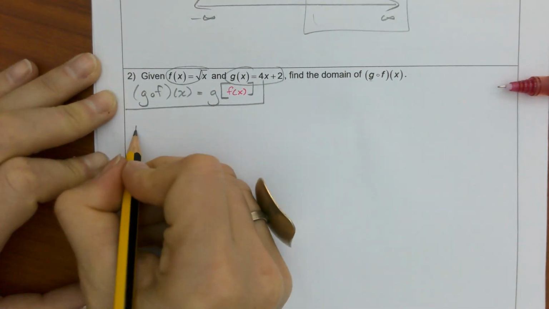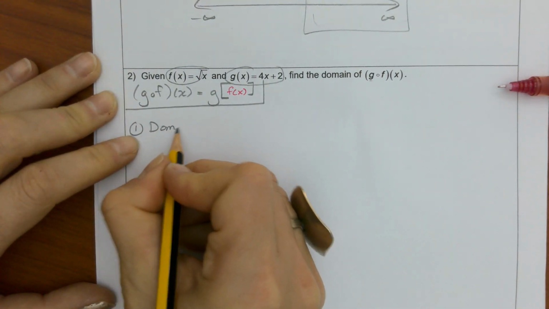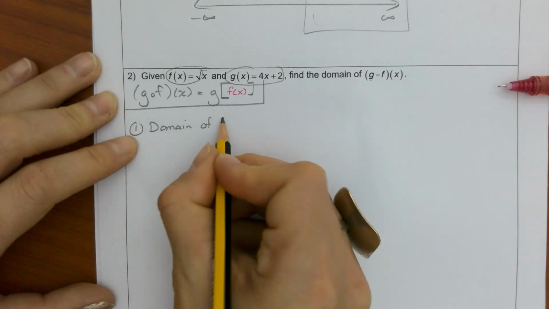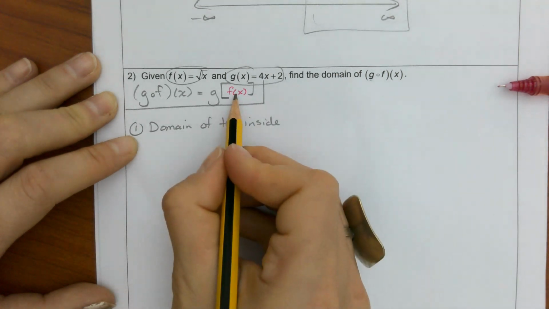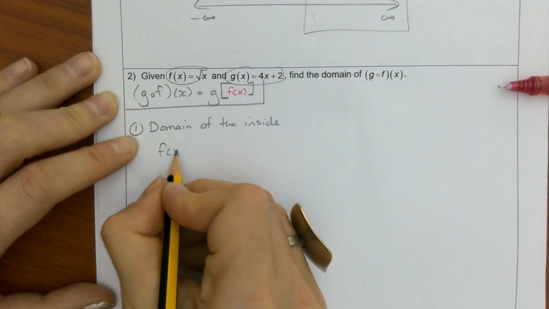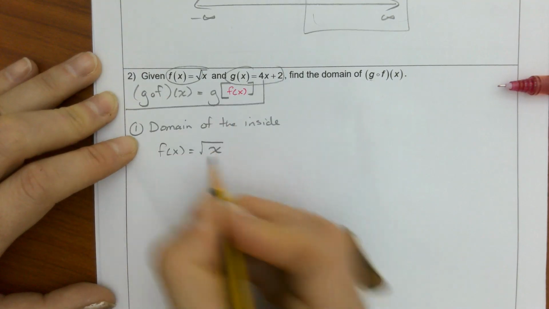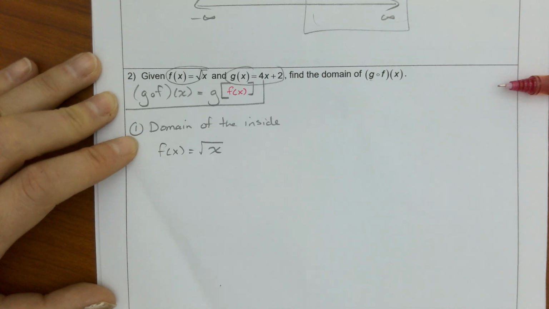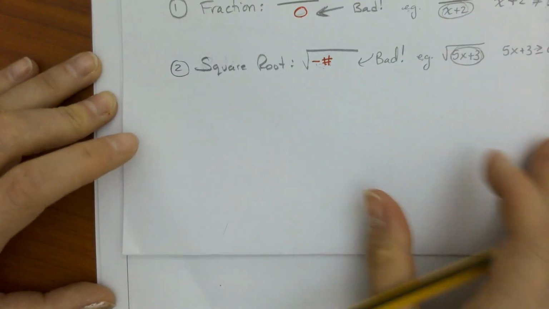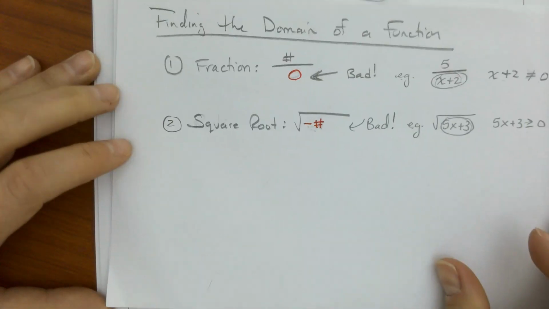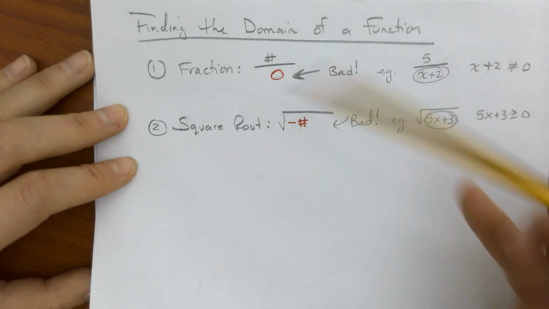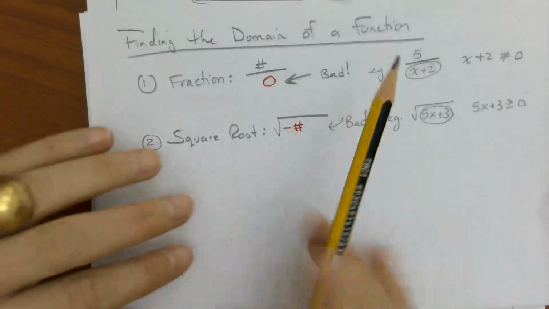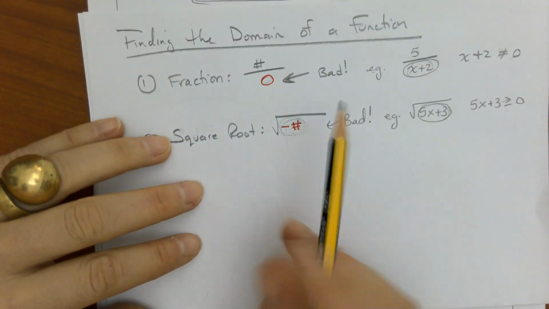So step 1, I need to find the domain of the inside. So f of x is the inside, so let's write it out here. Remember, the things that we have restrictions on are fractions and square roots. Here I have a square root, so we can't have negative numbers in a square root.